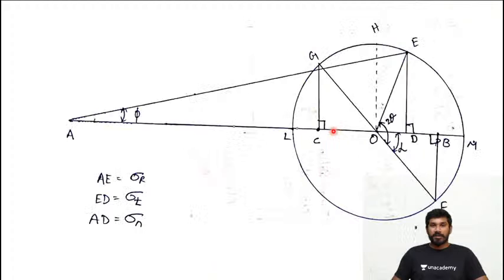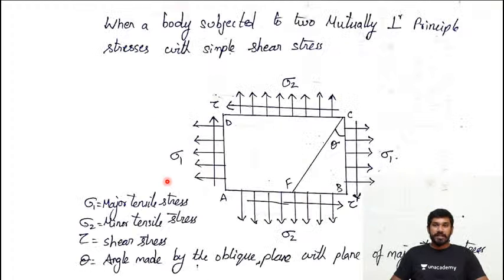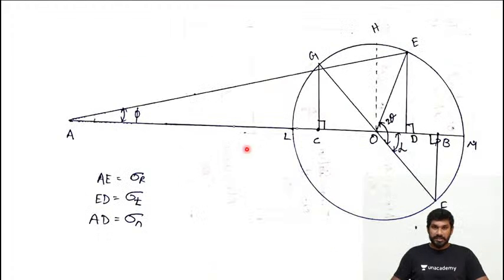Now from C, draw a vertical line up to G. From B, draw a vertical line up to F. So what is the representation? The value of shear stress. The line CG must be perpendicular to AB, and the line BF should be perpendicular to AB.